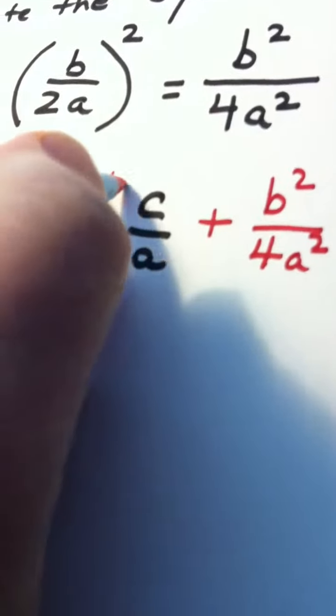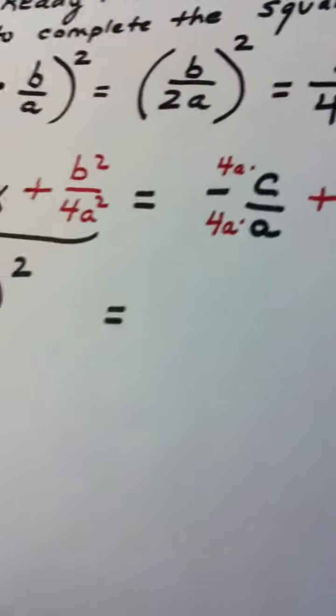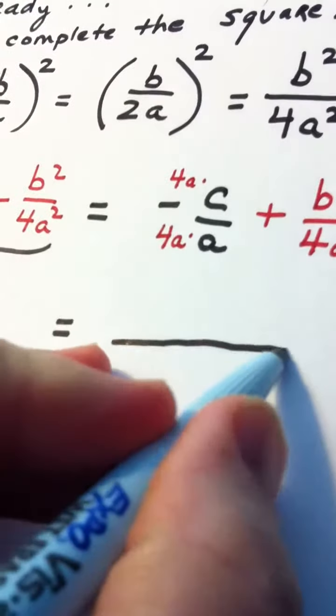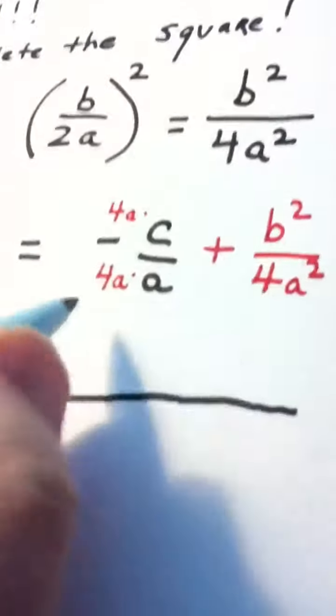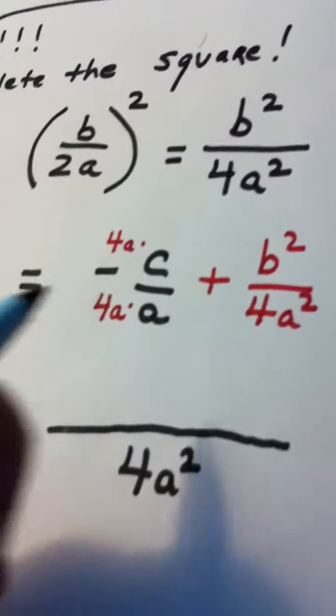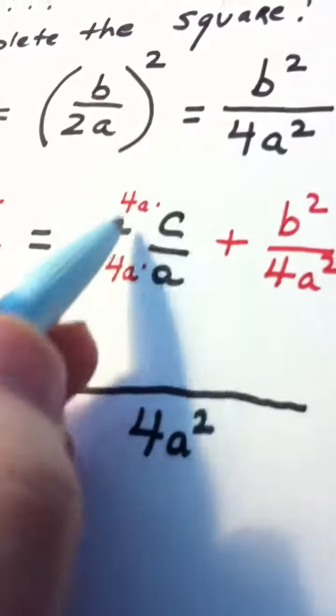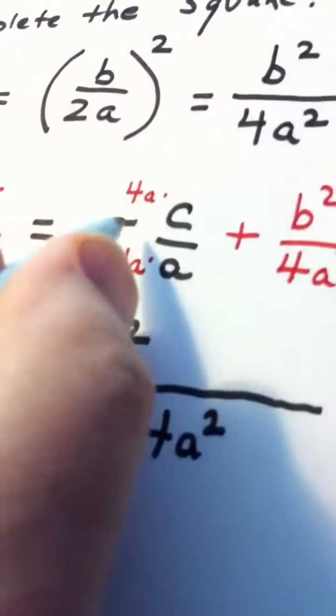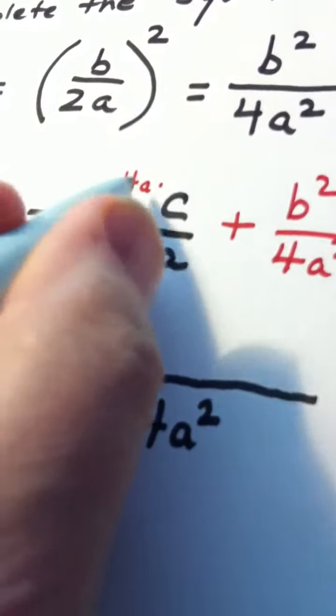What I do to the bottom of a fraction, I do to the top, so I'm multiplying top and bottom by that. That gives me, in the denominator, 4a squared. And in the numerator, I'm not going to start with the negative, I'm going to start with the b squared, and then I have a minus 4ac.